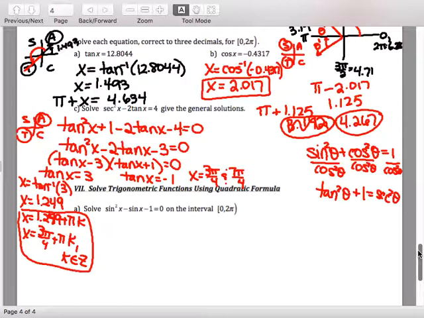If it's second quadrant, you do plus 2 pi k, and in third quadrant it was plus 2 pi k. That's an excellent question. Here in letter A, because it is tangent, I would take my 1.493 plus pi k, because that takes care of tangent every time. If it were sine, and sine were, say, positive, it would be the first one plus 2 pi k, second quadrant plus 2 pi k.